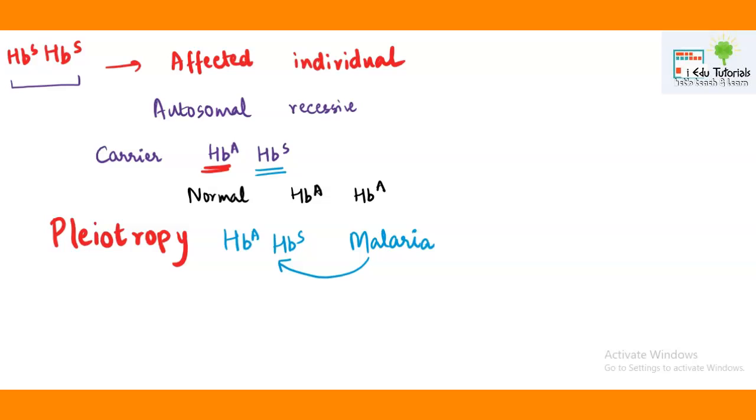Now, if we talk about the longevity of all the individuals, this is the individual with normal genotype. That means the longevity will not be affected because hemoglobin is normal. So, its oxygen carrying capacity will be normal. The shape of the RBCs will be biconcave.